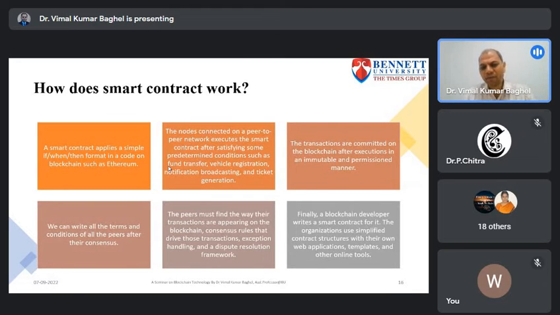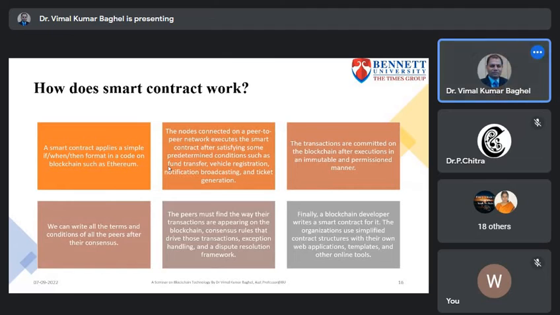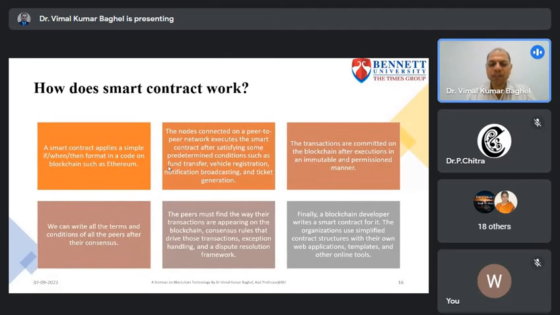Fund transfer we have already discussed, or maybe we are broadcasting a notification to the public. If certain predetermined conditions are satisfied, these specific outcomes or decisions can be taken on the basis of these smart contracts.